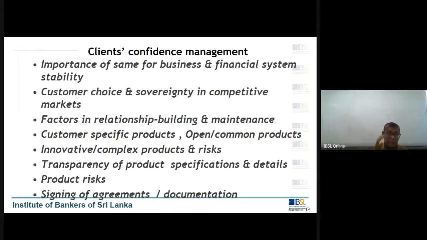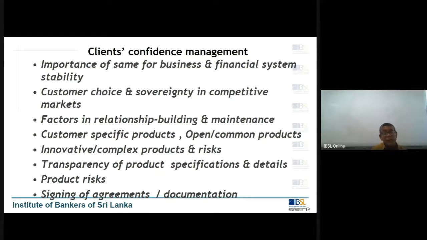I think you are going to learn about financial system stability in detail in the survey. I'm not going to touch much on that, right? Financial system stability is important because the financial system is considered to be the backbone of any country's economy. So financial system stability plays an important role. But what is the role of clients' confidence management? It is establishing financial system stability. So that we are going to discuss.